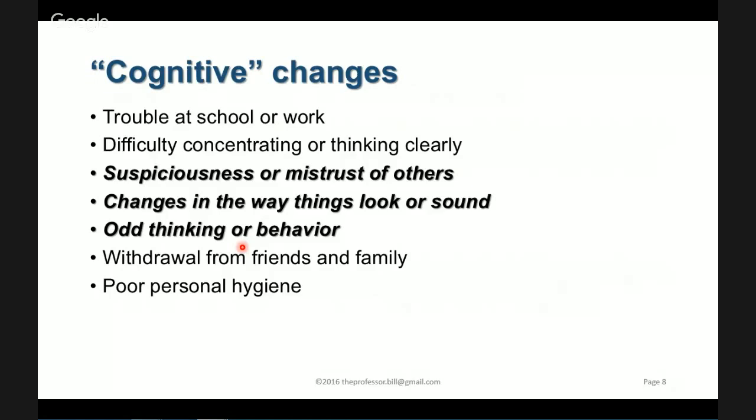Again, other things that will commonly occur, and you can understand possibly the reasons why. If you're mistrustful or suspicious of other individuals, you might start to withdraw from family as well as from friends. You may not want to take care of yourself as well as you should, and you will also have the poor personal hygiene that is often characteristic of schizophrenia.